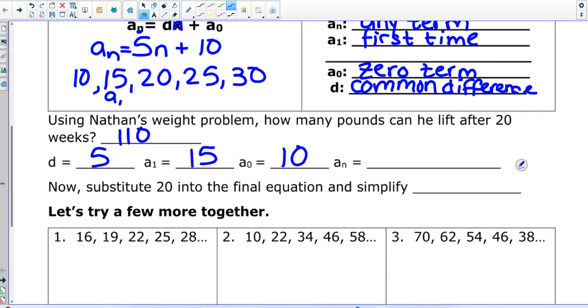And our formula, which we just came up with, up top, is this. Okay? And now I'm going to substitute 20 into my formula. The only place I can put 20 is for N, right? So this would be 5 times 20 plus 10. And that's where 110 came from, okay?